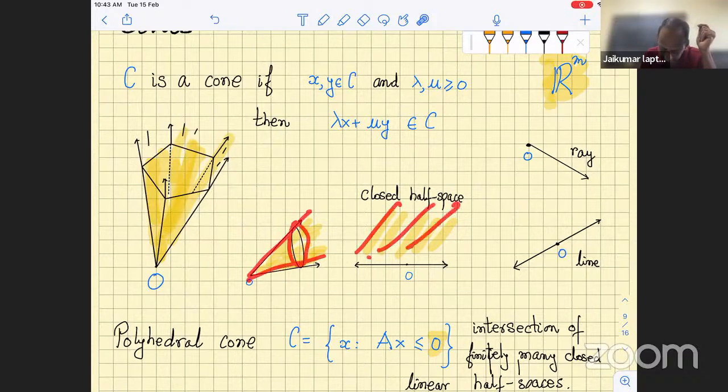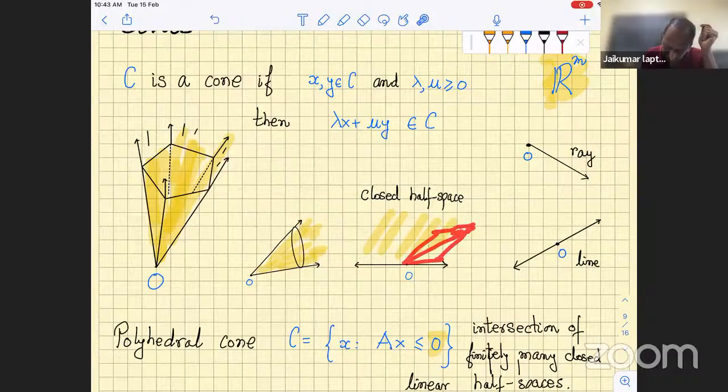The half space is also a cone, because whenever you take two vectors, then any non-negative linear combination of them is also in the half space. Yes, this closed half space. Rays, yes, they are cones. If you take a slightly annoying cone, a line like this, that is also a cone.